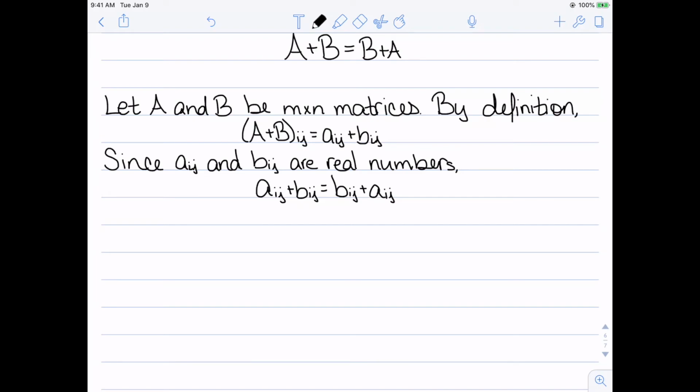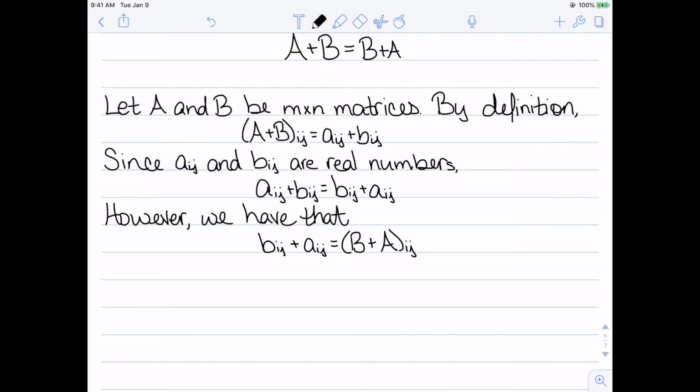So I know a sub ij plus b sub ij is equal to b sub ij plus a sub ij. However, we can say that b sub ij plus a sub ij is equal to (B plus A) sub ij. So this is how we get the entry in row i column j of B plus A. And since all of these are equal, we have that A plus B is equal to B plus A. I've essentially shown that every entry in A plus B is equal to the corresponding entry in B plus A, which means these two are the same.